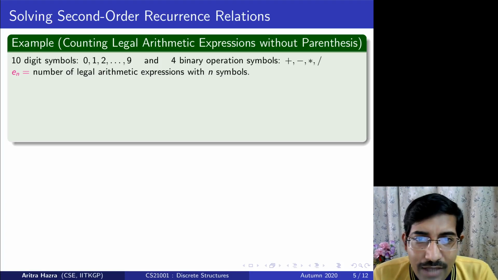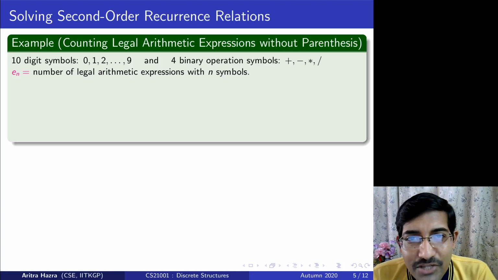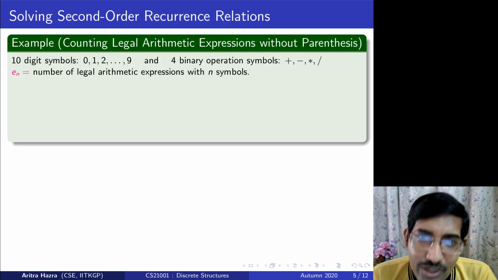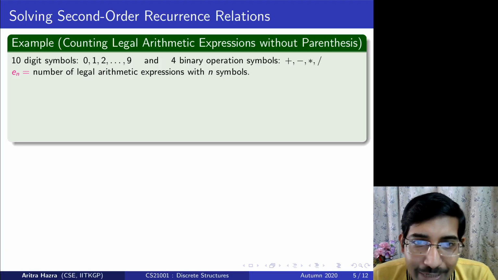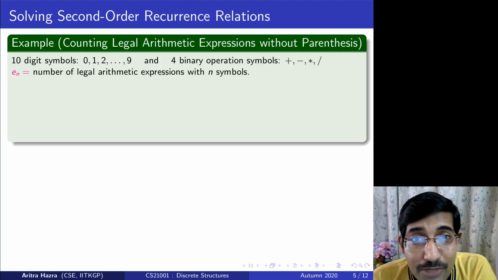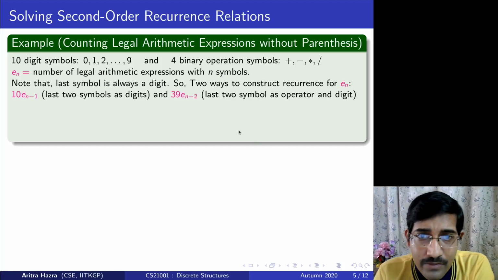So if the last symbol is a digit symbol, then two ways are possible for its preceding symbol. One way is that the preceding symbol is also a digit, maybe 99, 23, like that. Another way is that the preceding symbol must be an operator. So let us try to count. So two ways to construct.